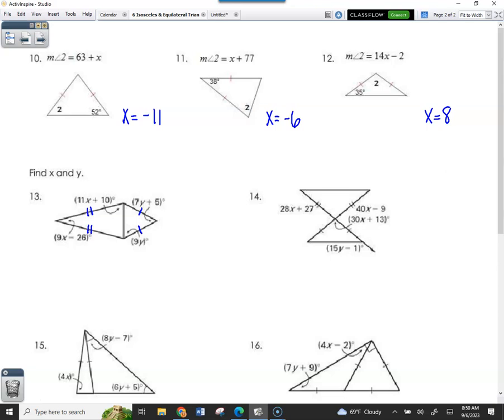There's not a single angle given to us. Everything is in terms of some variable. So the approach here is, can you label another angle based on the information you're given?